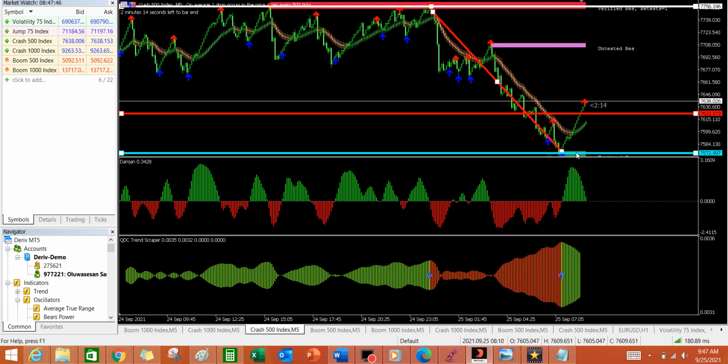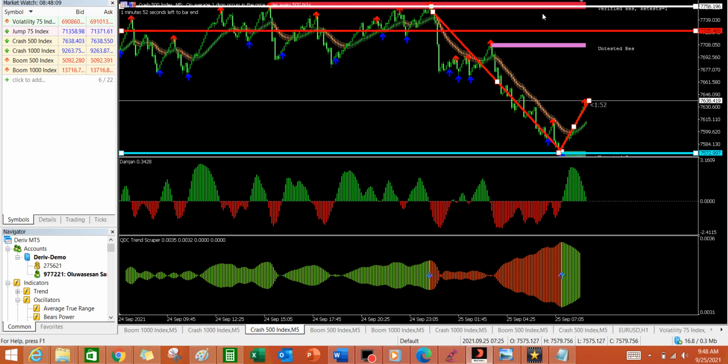But let's say here is your entry point for a new trend. Right now I'm still explaining with 5-minute time frame. Here is your entry point for a new trend, which is a buy trend, and which is the normal movement for Crash 500.